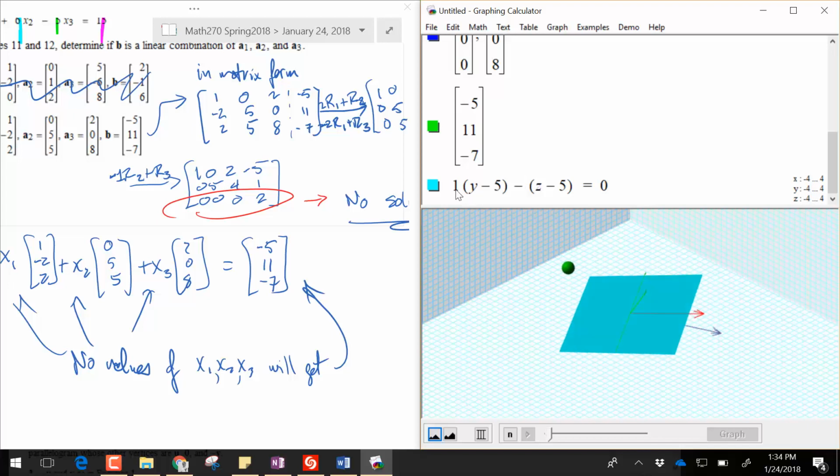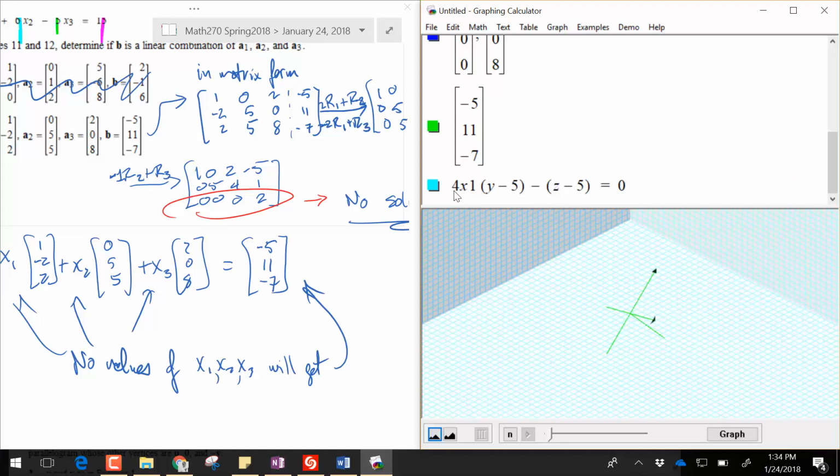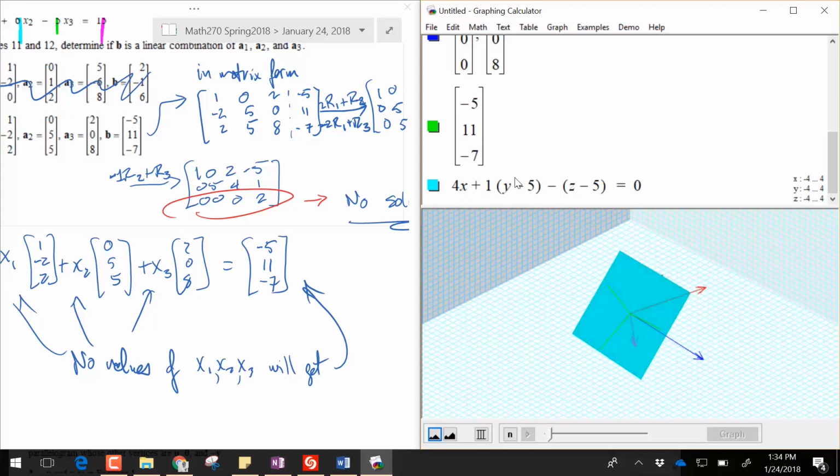I need an x. It looks like it's on there. Well, it's a little bit off.